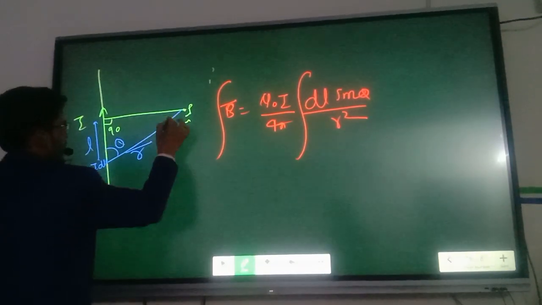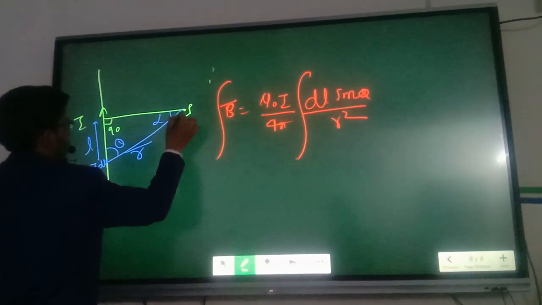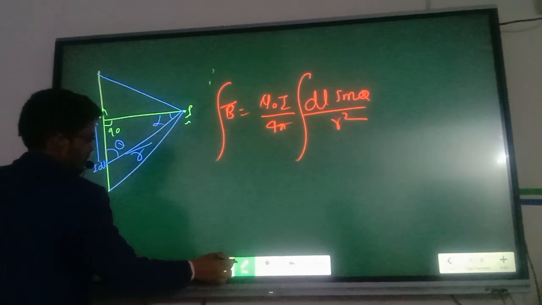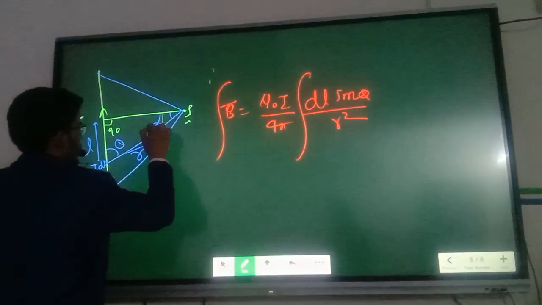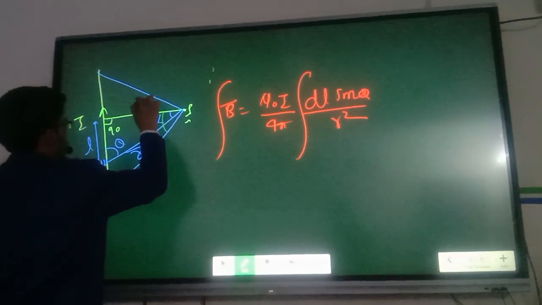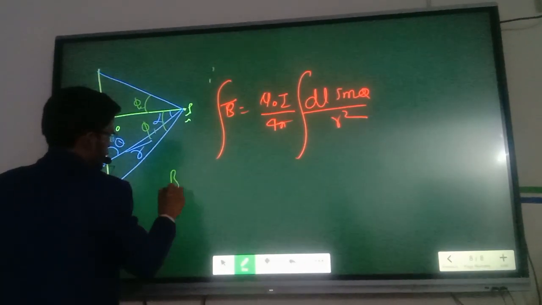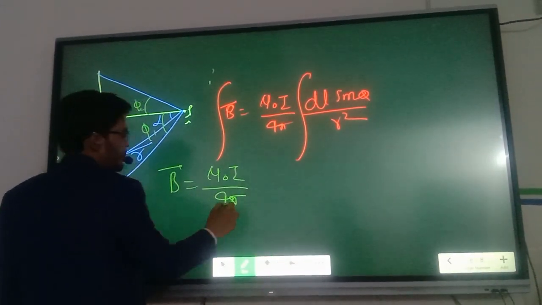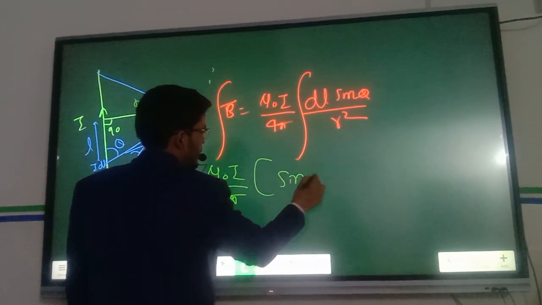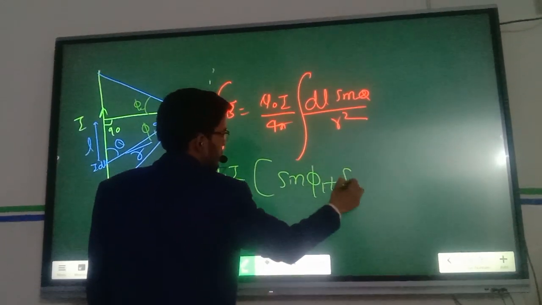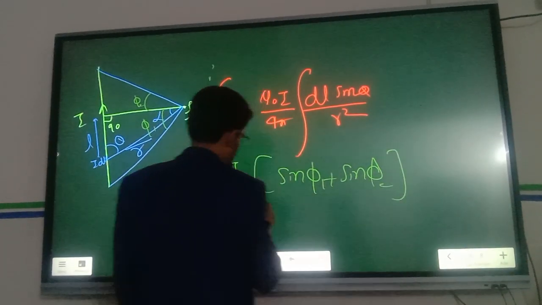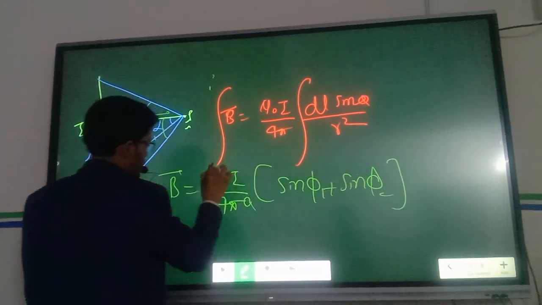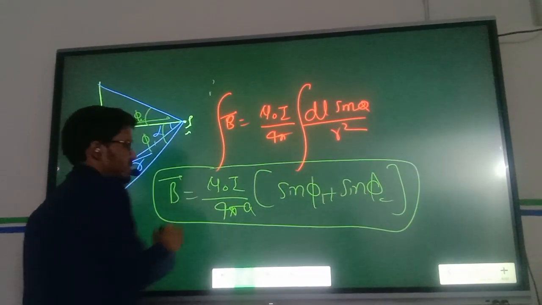This is angle theta, this is angle alpha, this is angle phi 1, and this angle phi 2. So the magnetic field equals mu naught I upon 4 pi, sin phi 1 plus sin phi 2 over the perpendicular distance. Here, suppose the perpendicular distance is A. So this is the value of magnetic field due to a straight wire.